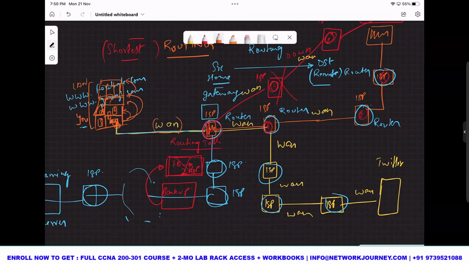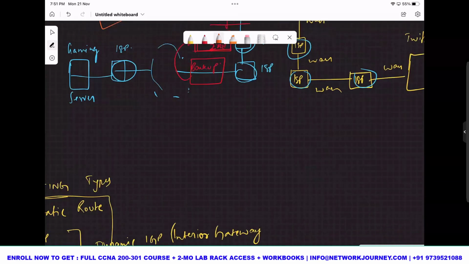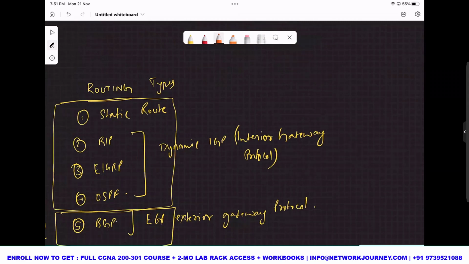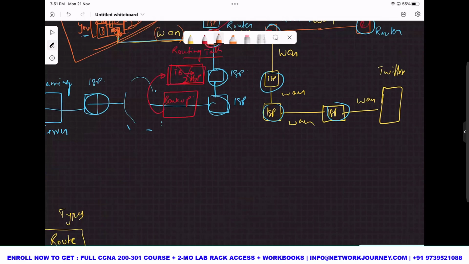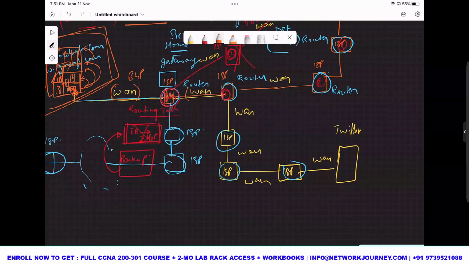Okay, so within that you have LAN, and in order to have routing between them, you will use one of these. You can use static route, RIP, EIGRP, or OSPF. Whereas on the WAN side, you have BGP, an exterior protocol.